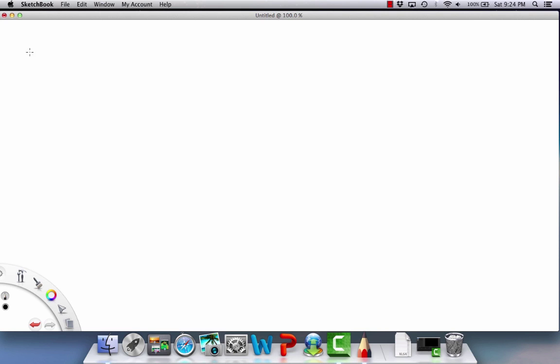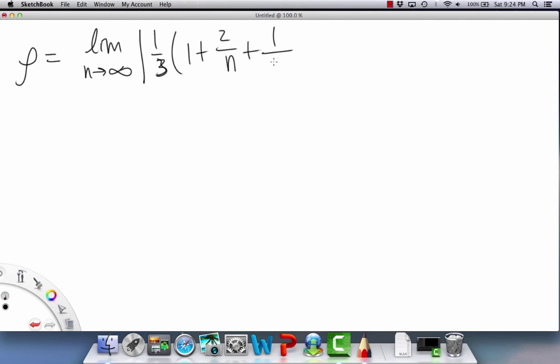So now what we have is rho equals the following. The limit as n goes to infinity of 1 over 3 times 1 plus 2 over n plus 1 over n squared. Okay? And then at this point we can just plug in infinity for n, right?